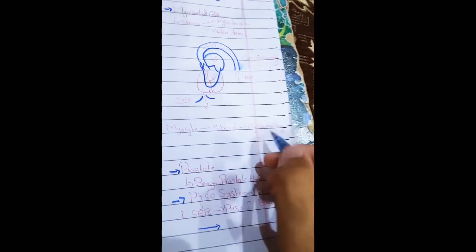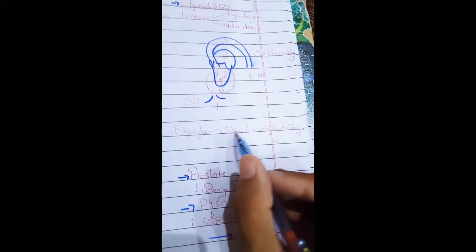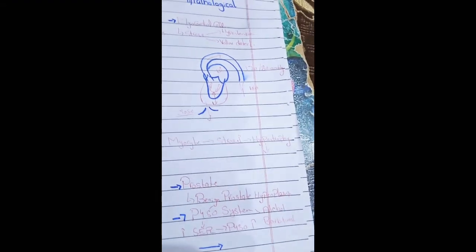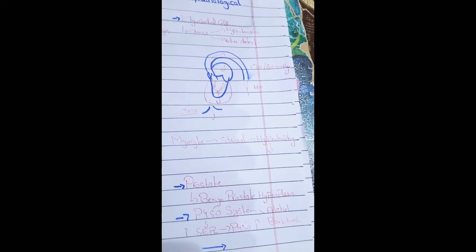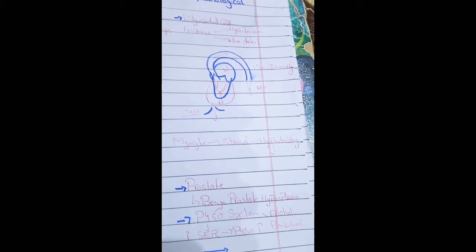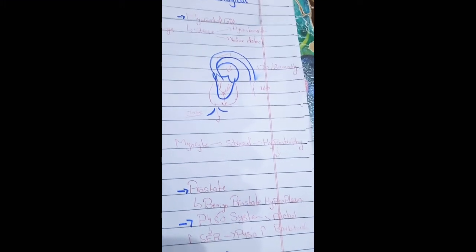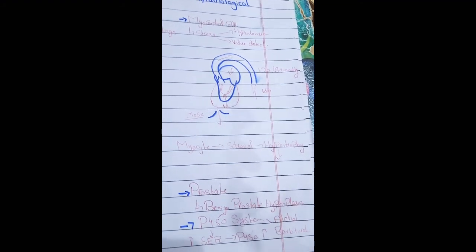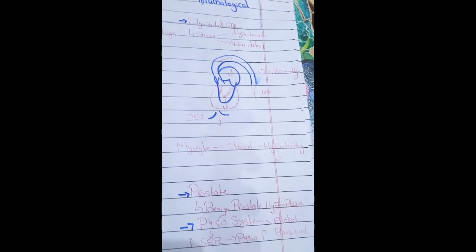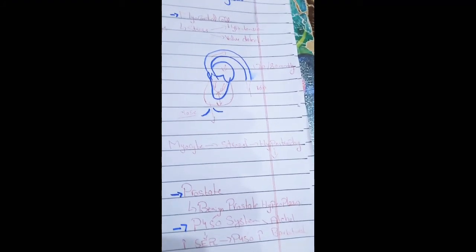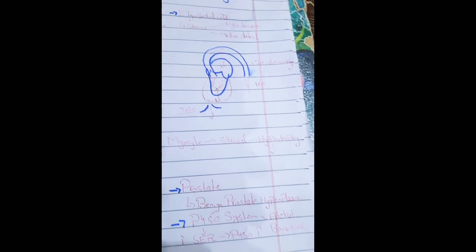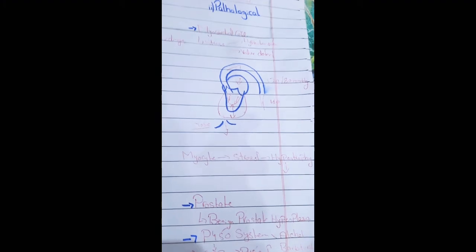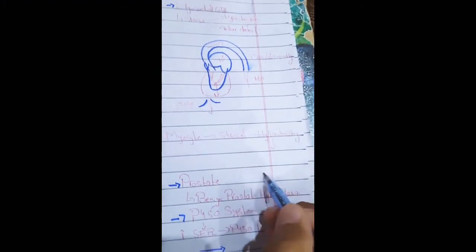So what happens now in the hypertrophy? If the stress is not relieved by drugs or by management of the person, the heart cells become more hypertrophied, and one day the cells increase their size more and more. There is a limit to the hypertrophy, and at a point the cell cannot increase its size more, so the cell dies by a process which may be necrosis or apoptosis, because of the large increase in the size of the cell.